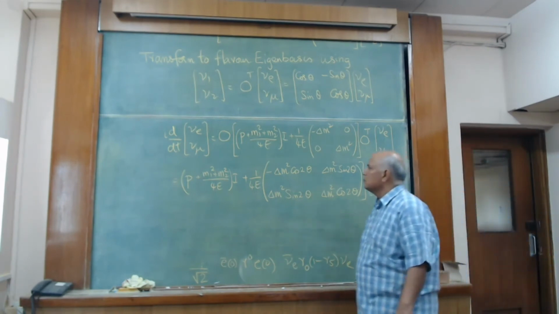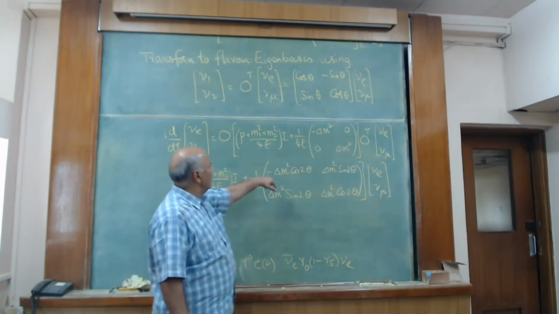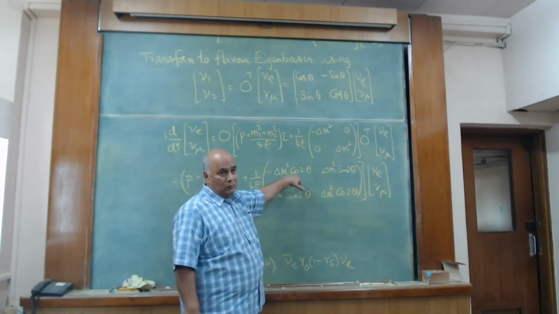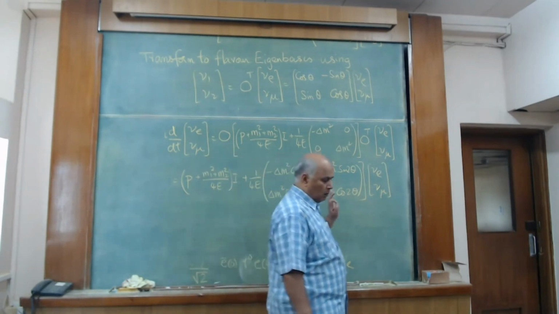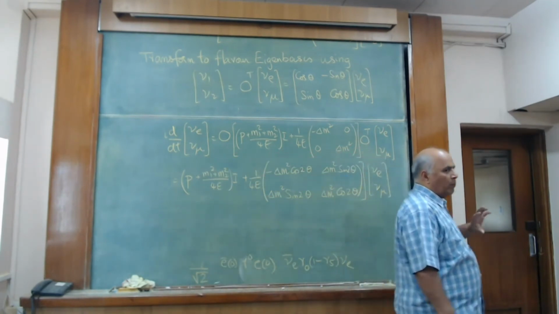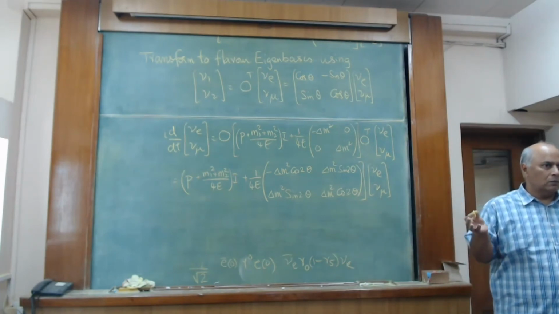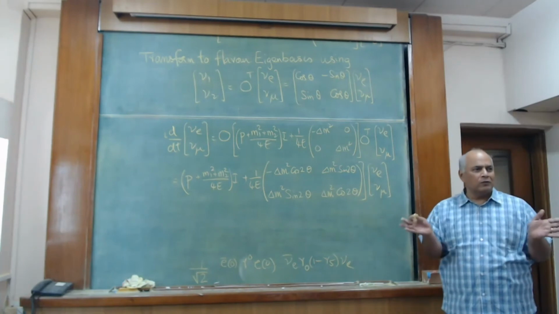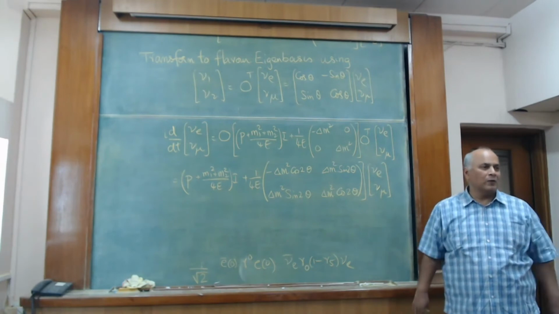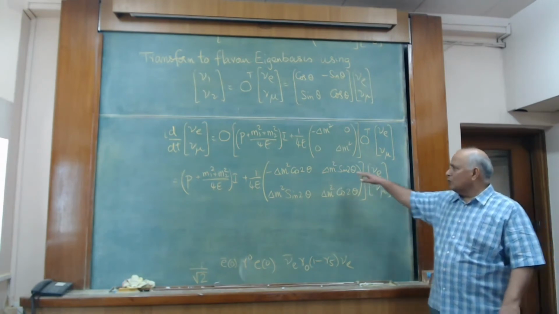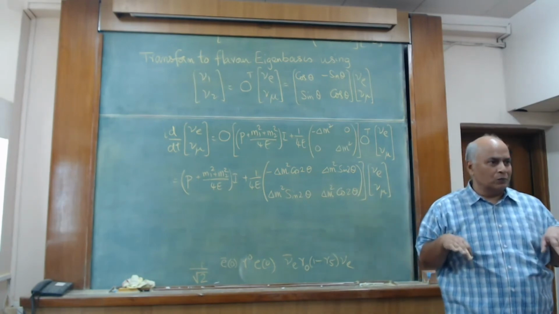So you look at what does the 1-1 term here do? The 1-1 term is the part of the evolution of nu E which is proportional to nu E. That is what the 1-1 term is. Whereas the 1-2 term is part of evolution of nu E that is proportional to nu mu.